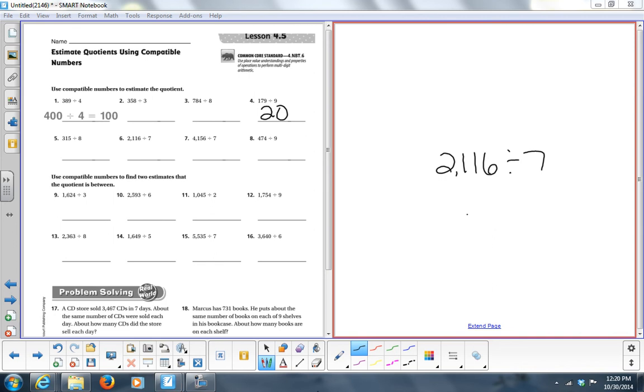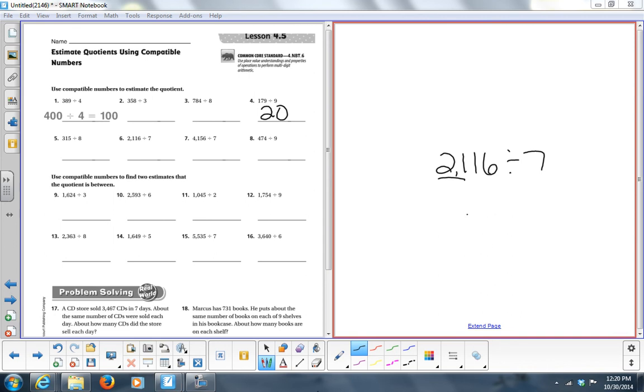Not 2000, nope. What do I need to do first? Not changing anything yet. Abhishek. Underline 21. Is 21 divisible by 7? Yes. So what can I do next? What can I do? Alexis.